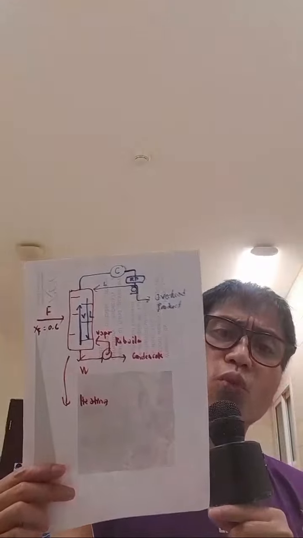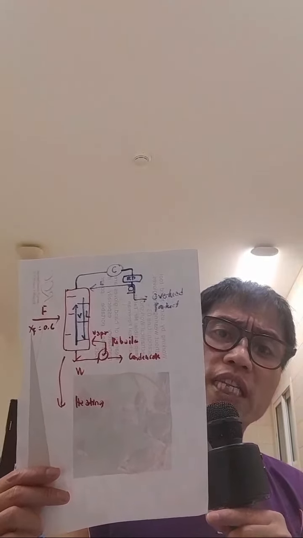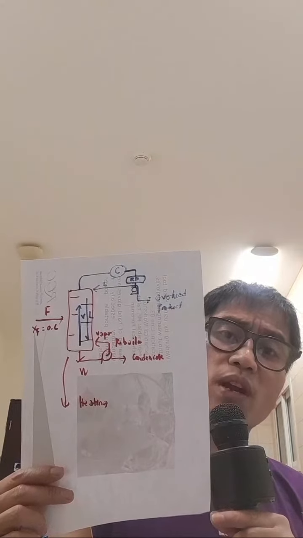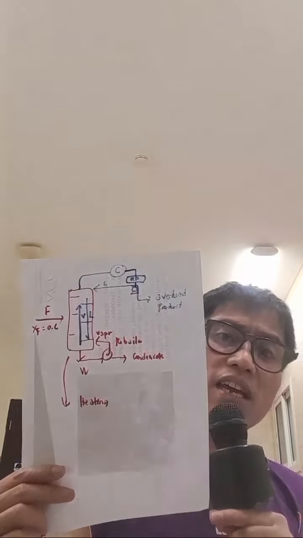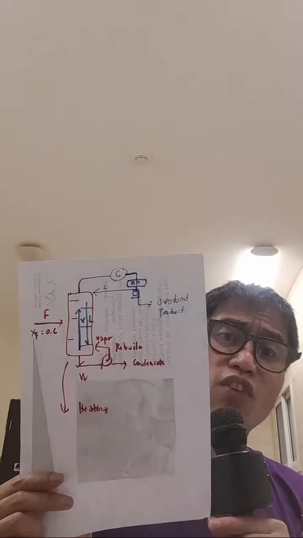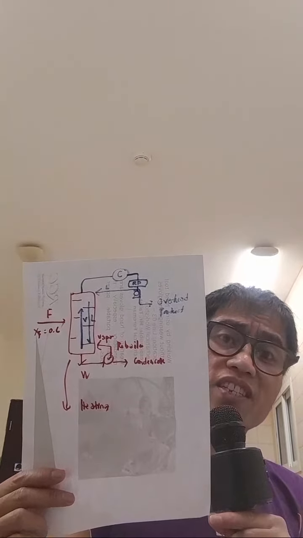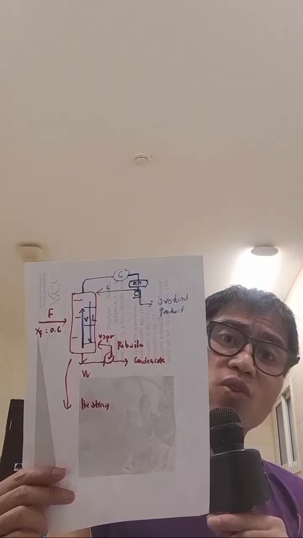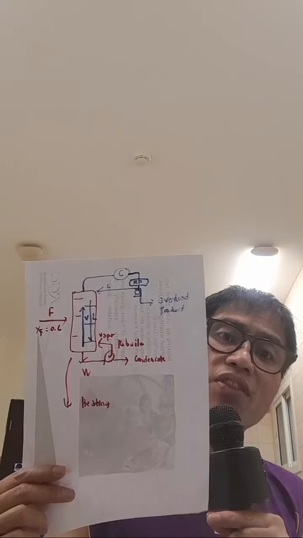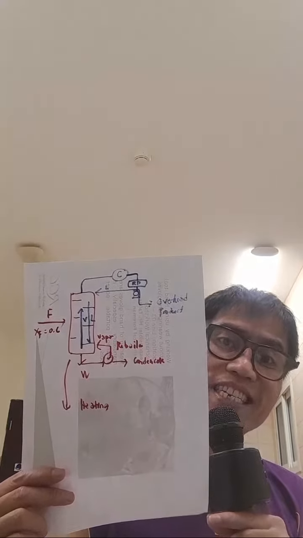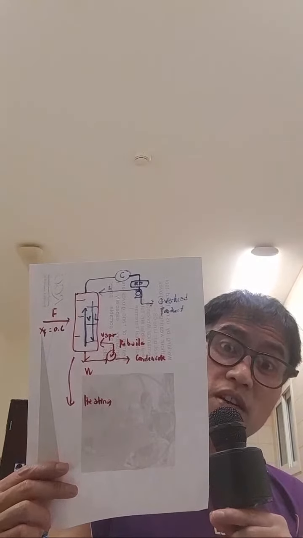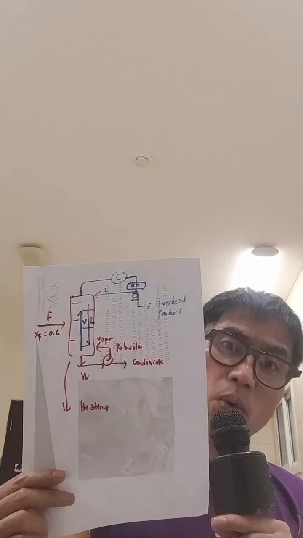So this is the portion that proves that there's no heat loss or heat of mixing somewhere along the way in the equilibrium stage of this vapor and liquid. That's why you observe that the values of the heat of vaporization and the heat of condensation are not used in the equations. According to the McCabe-Thiele method, there's no heat of mixing, the latent heat of vaporization is negligible, and the equimolar flow is constant.